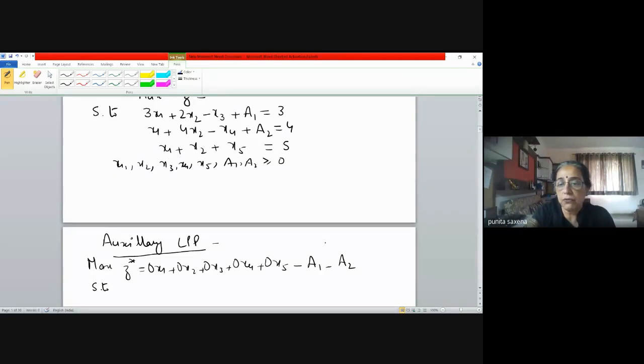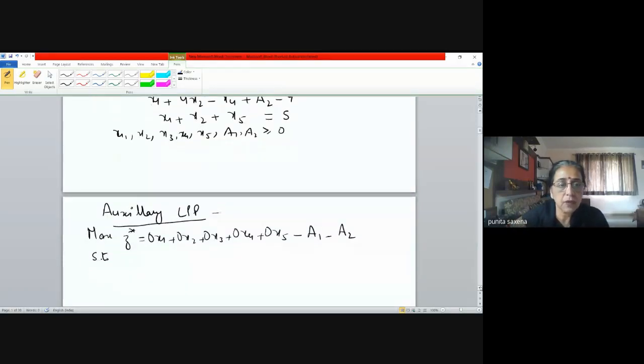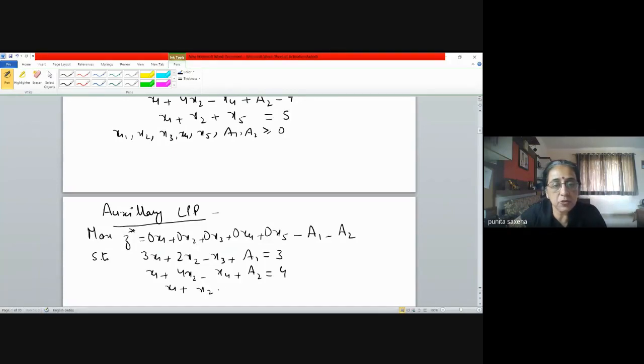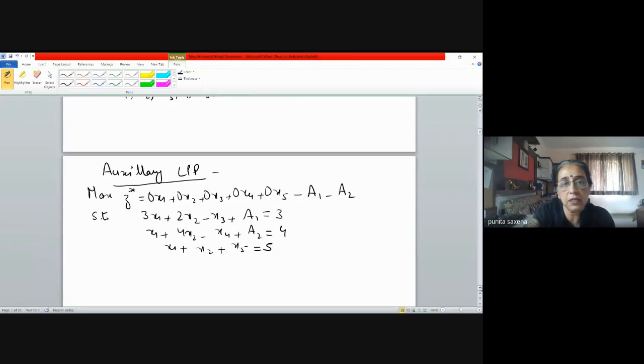So my first constraint will be 3x1 plus 2x2 minus x3 plus a1 equal to 3, right? The second was x1 plus 4x2 minus x4 plus a2 equal to 4, and the last one was x1 plus x2 plus x5 equal to 5, and of course your non-negativity restrictions are still there.